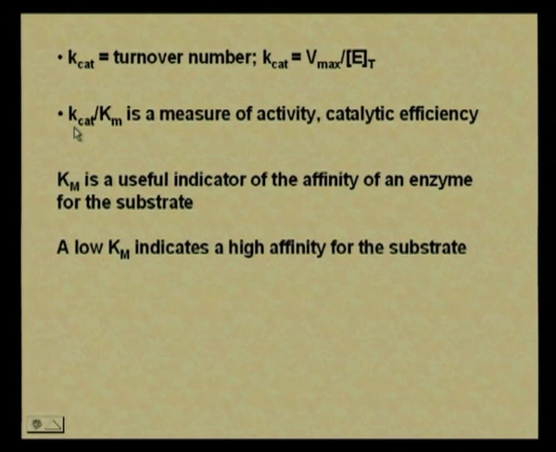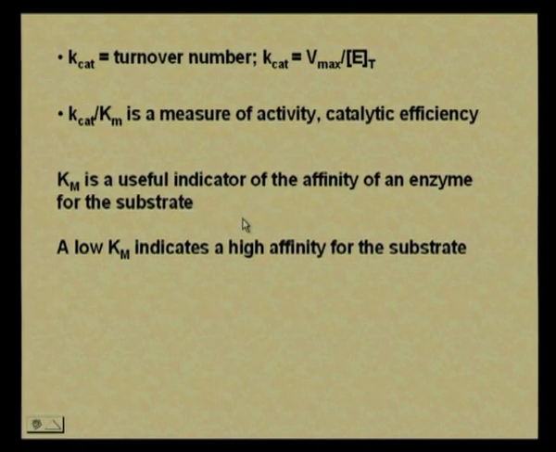Now, the Kcat by Km is a measure of activity, or rather the catalytic efficiency. Km, we understand, is a useful indicator of the affinity of an enzyme for the substrate. Why is that so?